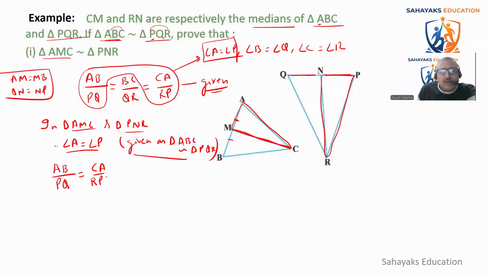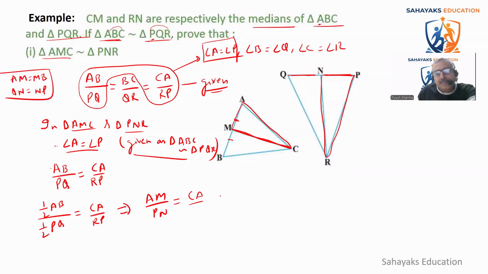Okay, now I'm dividing this entire equation, the numerator and the denominator, by half. So I'll just write half of AB divided by half of PQ is equal to CA by RP. So when I say half of AB, what is half of AB? Because M is the median, I can say half of AB is AM. So this implies that AM by PN is equal to CA by RP.